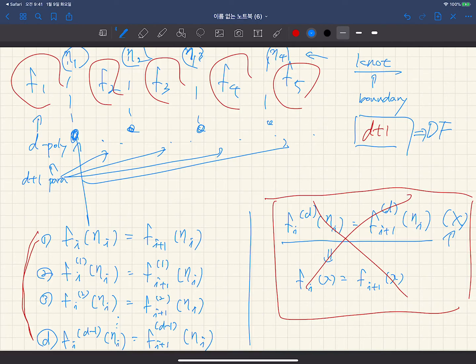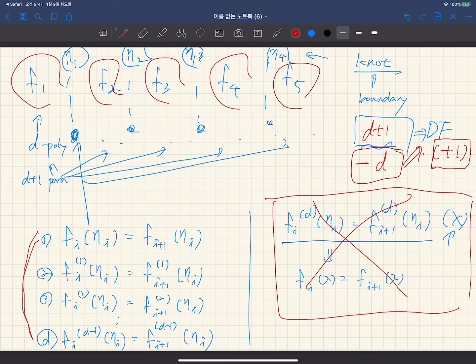But each knot also introduces a number of constraints, and each constraint kills one single degree of freedom. So overall, each knot introduces d plus 1 additional parameters, so d plus 1 degrees of freedom, but each knot introduces d constraints, which decrease the degrees of freedom by d. So in total, each knot increases a single degree of freedom.